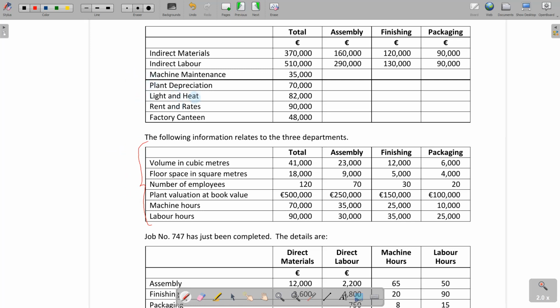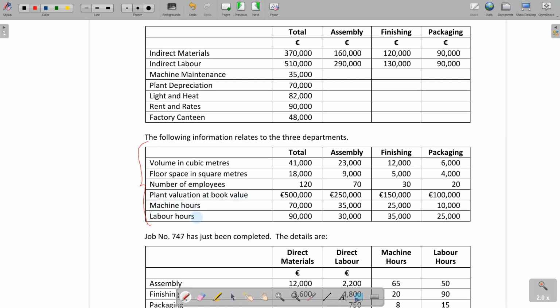If we think about machine maintenance, what's the main thing that is going to depreciate our machinery? Which of these metrics will lead the machines to need maintenance? Volume in cubic meters has nothing to do with machines. Floor space, nothing to do with machines. Number of employees, nope. Plant valuation, that has nothing to do with machines.